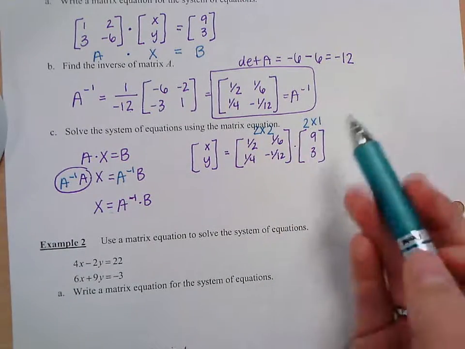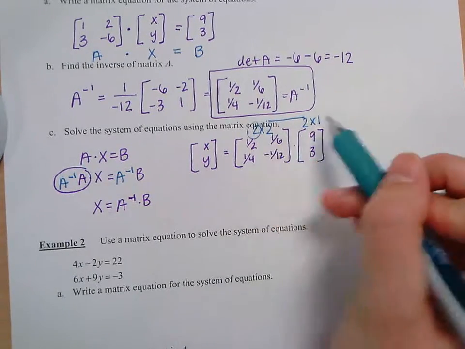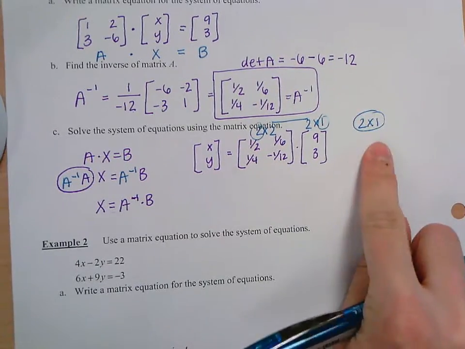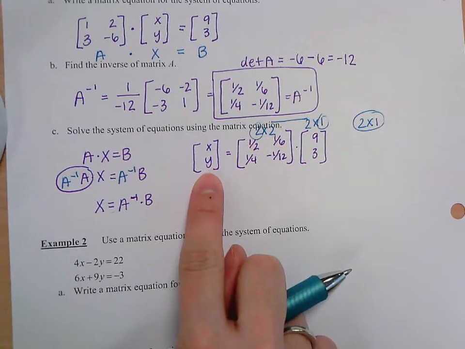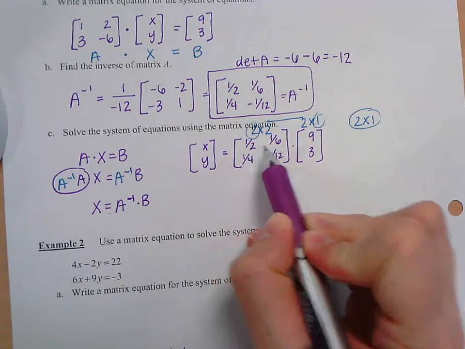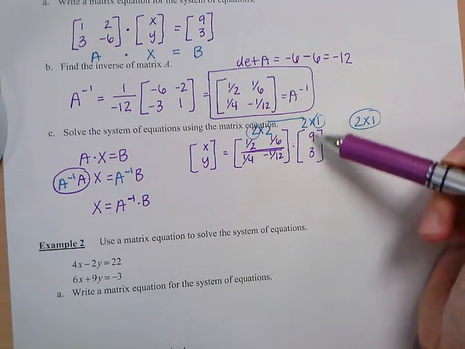These I can multiply, meaning my answer, since these twos are the same, should also be a 2 by 1 matrix, which makes sense because it should match this matrix here, which is 2 by 1. And then when I multiply rows by columns, my first matrix does have 2 rows, and then I just have the one column here.